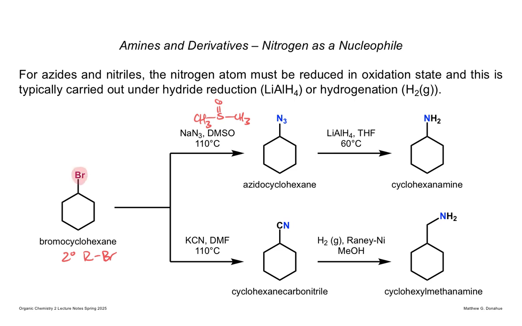So the bromine now becomes the azide. And again, that's not at an amine stage yet, so we're going to reduce it. And we'll use lithium aluminum hydride in THF for that. So that's THF. And now we end up with our primary amine.